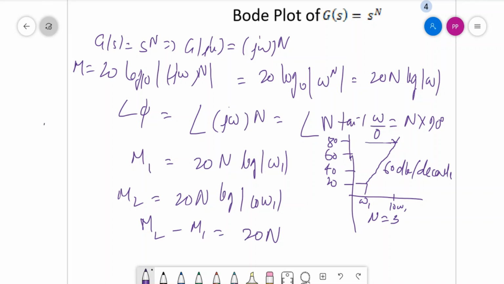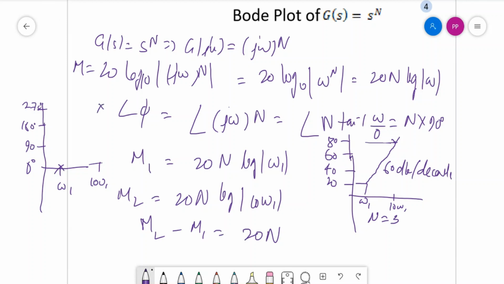Suppose n equals 3. Here you have the phase plot with 0 degree, 90 degree, 180 degree, 270 degree. At omega 1 you have 0, and at 10 omega 1 you have 270.